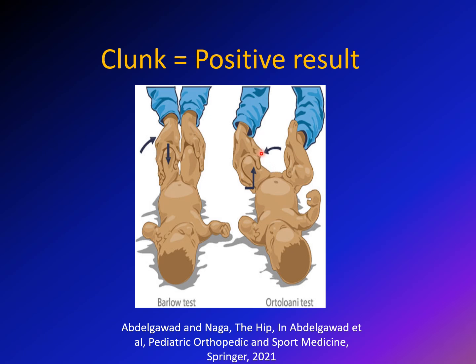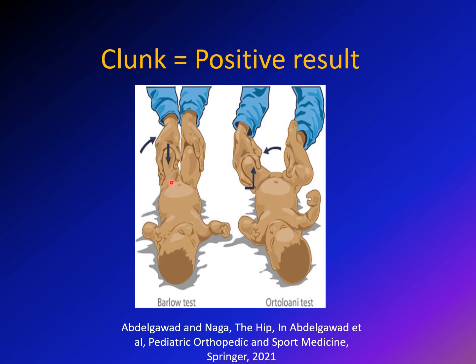And again, it's the same position: supine, knee in the palm, thumb on the medial side, the other fingers on the outer side, and you abduct and apply pressure from posterior to anterior to see if you can reduce a dislocated hip. That's called Ortolani. Or you adduct and you push backward to see if the hip is subluxable.